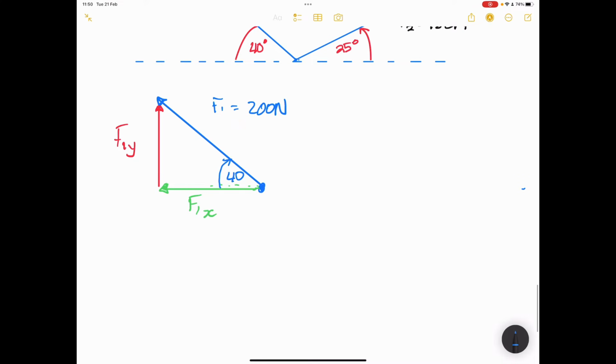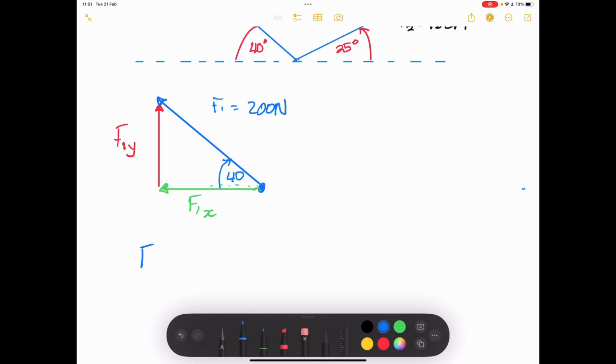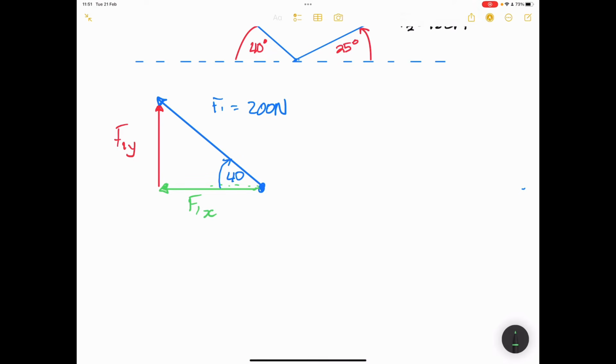So now let's work out what is F1x. So what I'm going to do is calculate F1x and F1y. F1x would be, in this case, remember we are going into the horizontal dimension, right? This is the adjacent side, that's the hypotenuse.